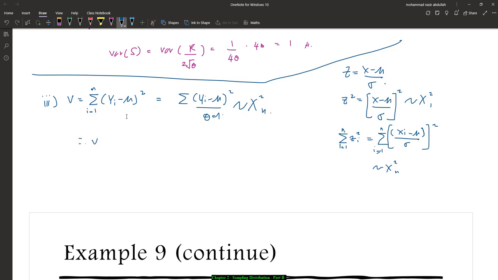So we can say that v is having a chi-squared with n degrees of freedom if theta equal to 1, right? So if theta equal to some other value, kita takkan dapat macam ni lah, right? So we try to convert based on our knowledge saja kan, based on theorem number 2, right?